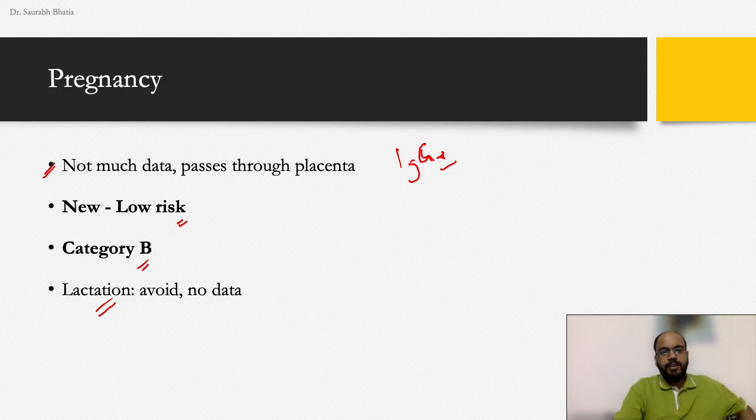Clear? Now with this slide, we finished our discussion on Secukinumab, and on subsequent slides, we'll be discussing other interleukin 17 inhibitors. They have not yet received FDA approval, but their efficacy in psoriasis is being documented by various other studies.